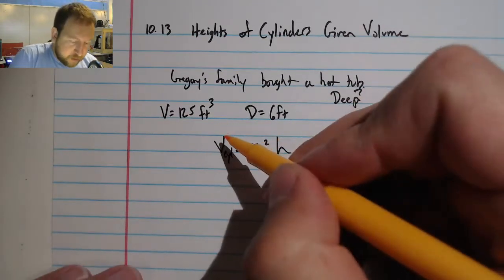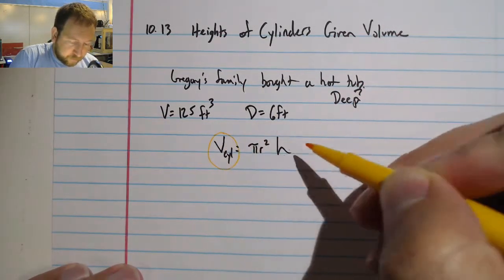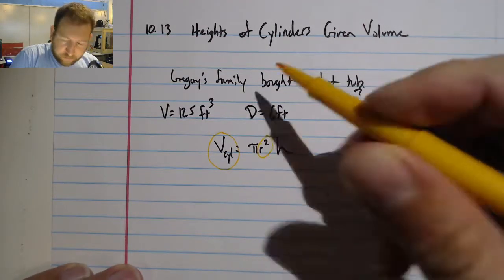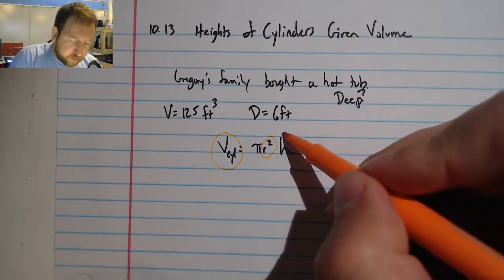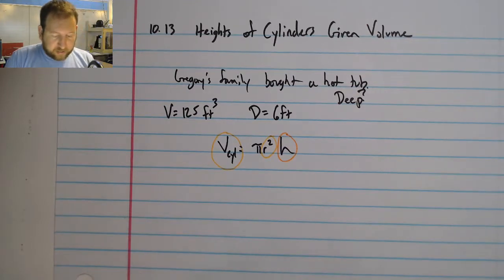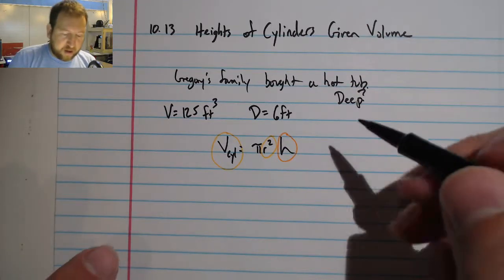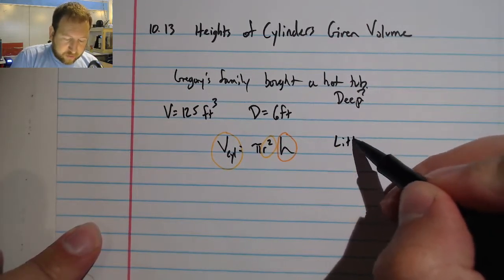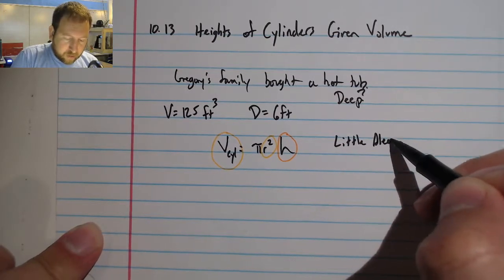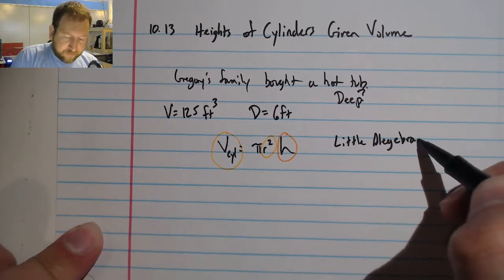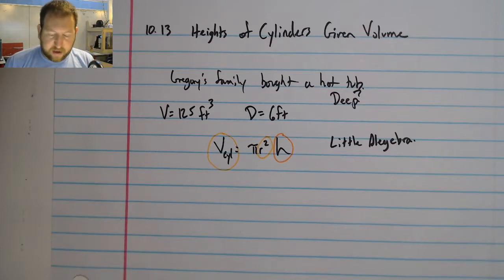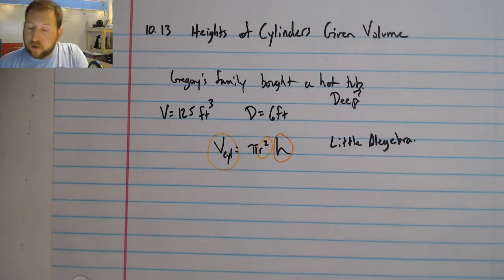Whereas this time, we know this one, we know this one, but we don't know this one. So we'll need to do a little bit of algebraic manipulation, but it shouldn't be too bad, and I don't anticipate people struggling too much on this.